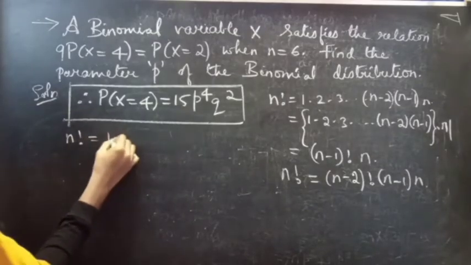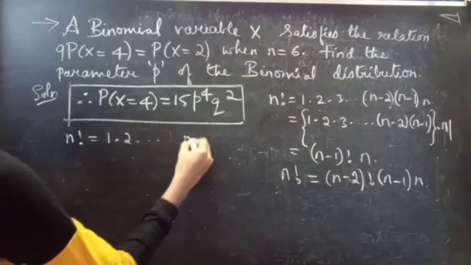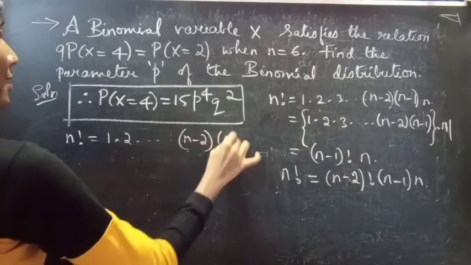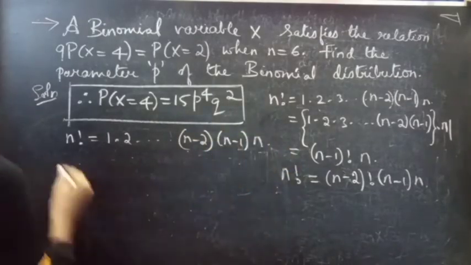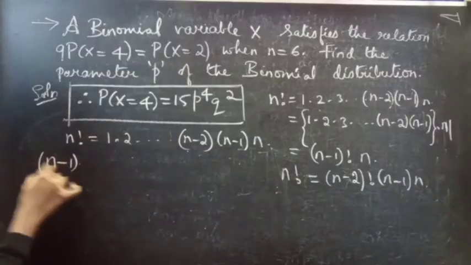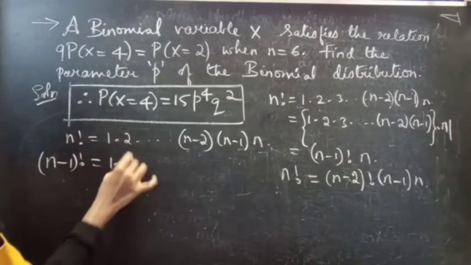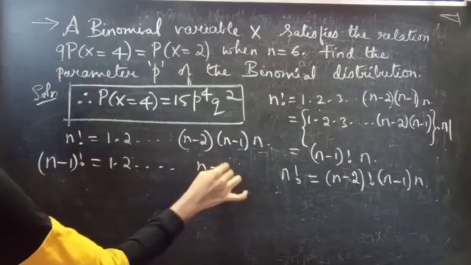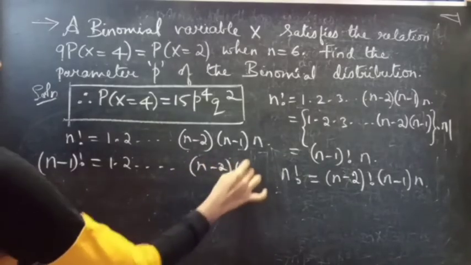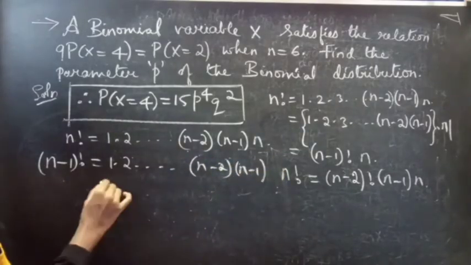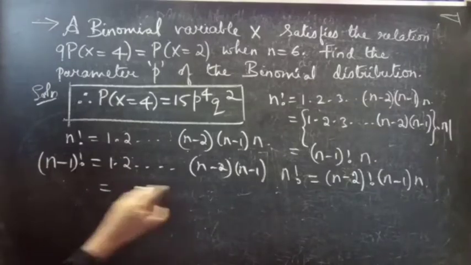If n factorial equals 1 into 2 into so on, n minus 2 into n minus 1 into n, then n minus 1 factorial is simply written up to n minus 1.